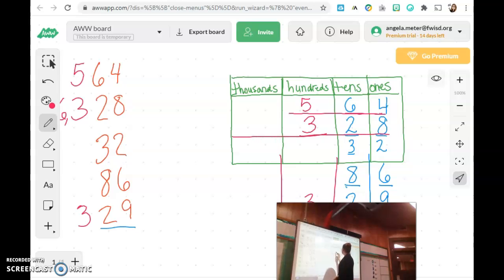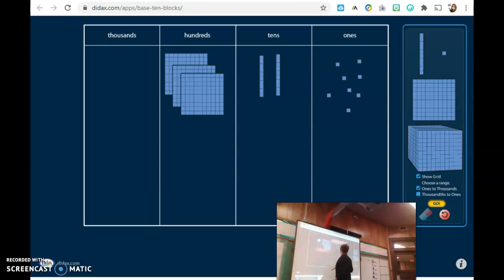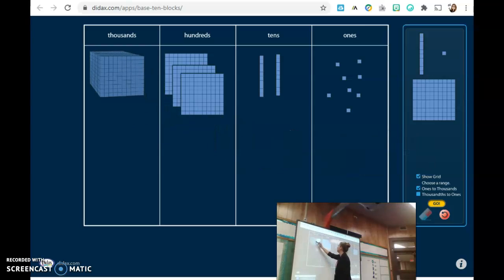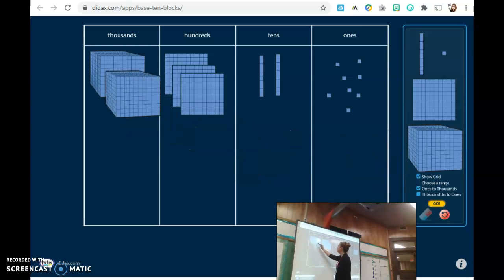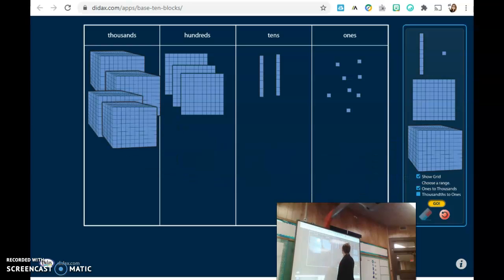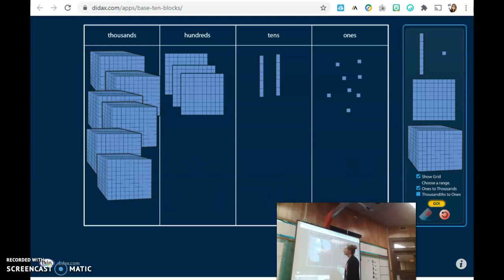Instead of 328, I now have 6,328. So, in my thousands place, I would need 6 thousands cubes. 3, 4, 5, and 6.